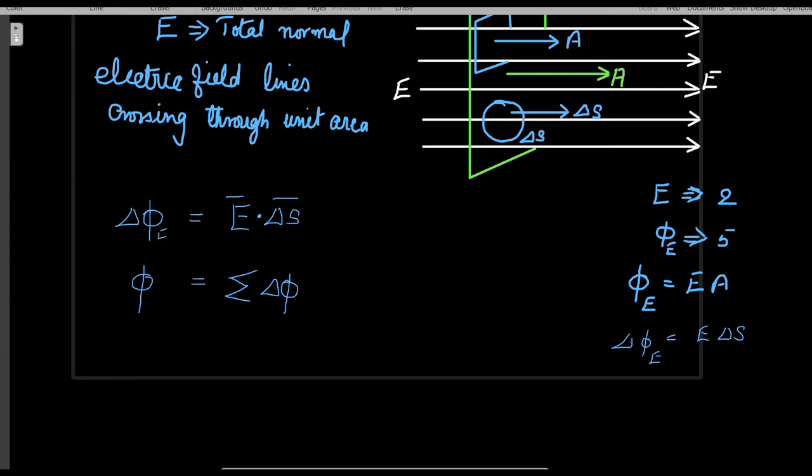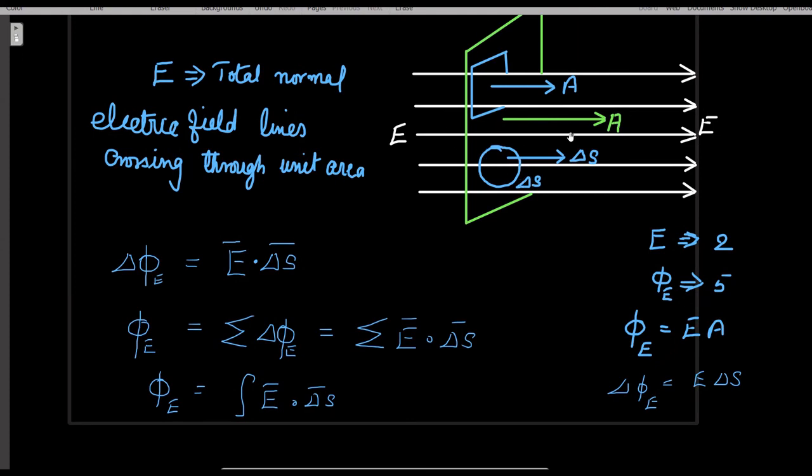So phi E is the summation of E dot delta S. Or, if you are using the calculus method, it can be the integration of E dot delta S, which will be the total flux phi E. This is the situation if the area vector is parallel to the electric field lines.